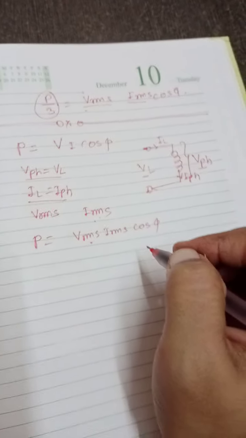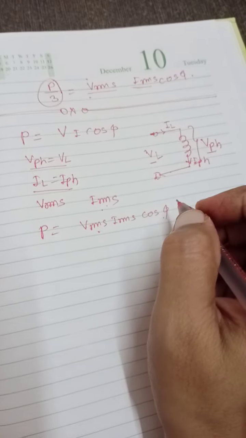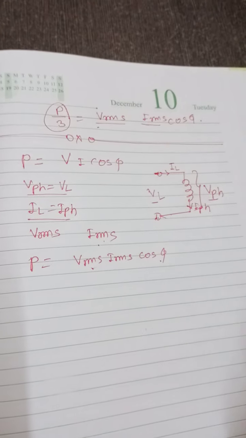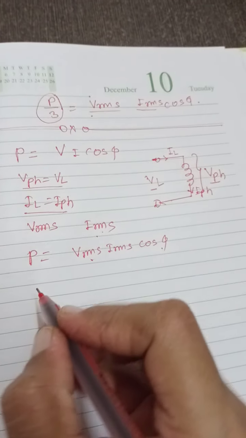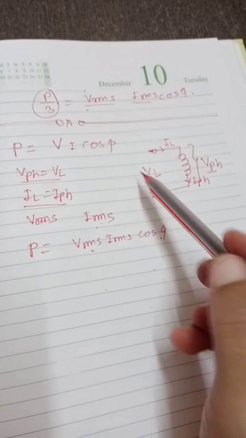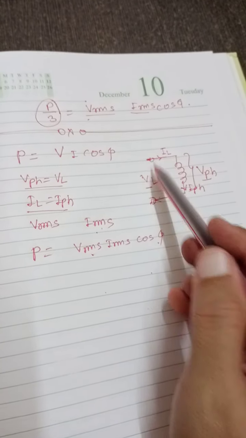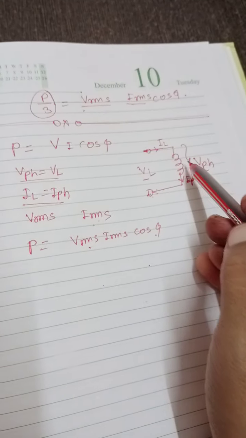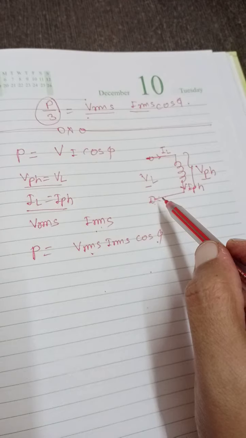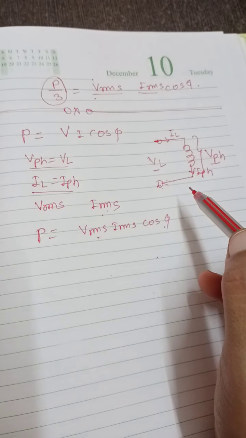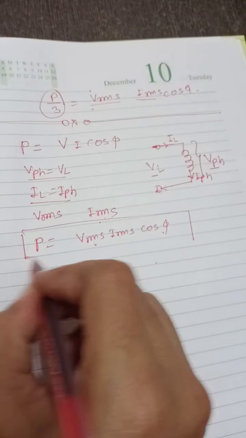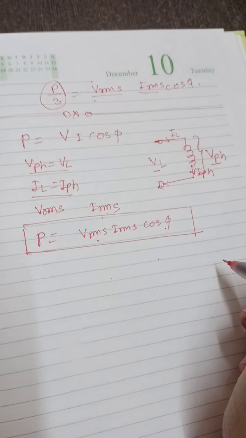It may be the line value, it may be the phase value, but whatever values are obtained from the meters are in terms of the RMS. So there is a difference between line values, phase values and RMS values. Line values are through the lines or between the lines. Phase values are through the phase or across the phase, and the RMS values are nothing but the values obtained from the meter itself. So this is your actual or useful power obtained for a single phase system.